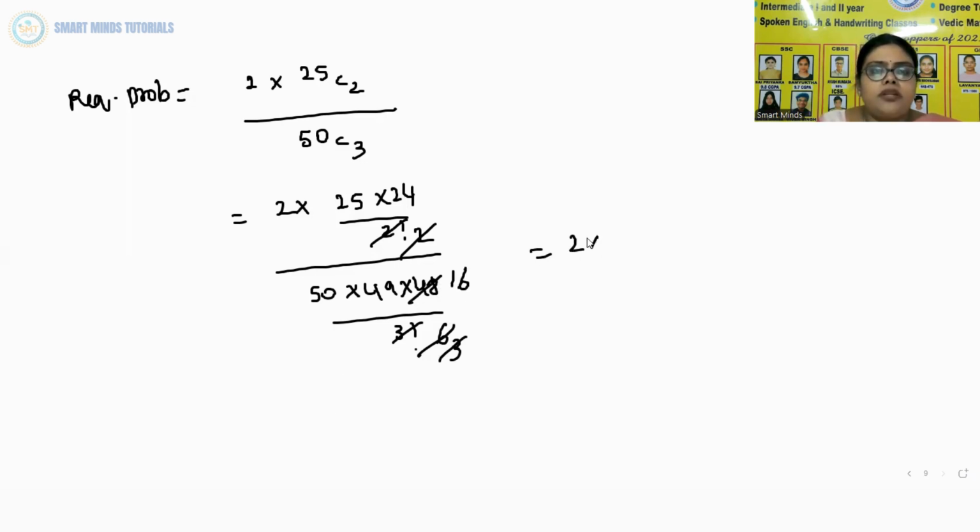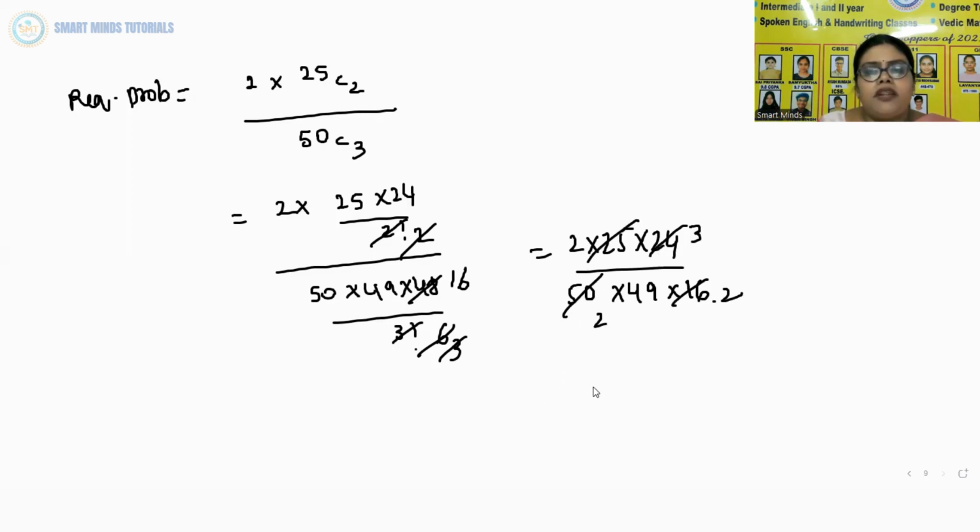So that is 2 into 25 into 24 by 50 into 49 into 16. 8 twos are 16, 8 threes are 24. 25 ones are 25, twos are 50. So that is 6 by what is 49 into 4? It is 196. Or 2 and 2 also can be cancelled.